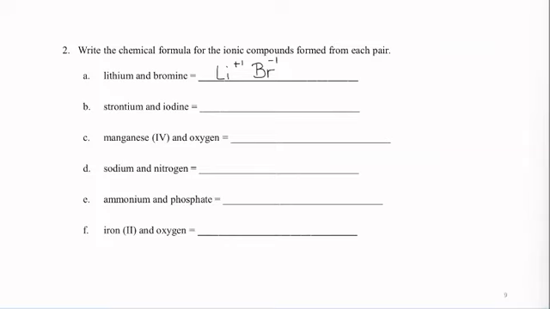As I mentioned a few moments ago, if you have a pair of cations and anions and the charges cancel each other, as in this example, +1, -1, or +2, -2, or +3, -3, your final answer is going to be just writing the symbols of the elements. Okay?